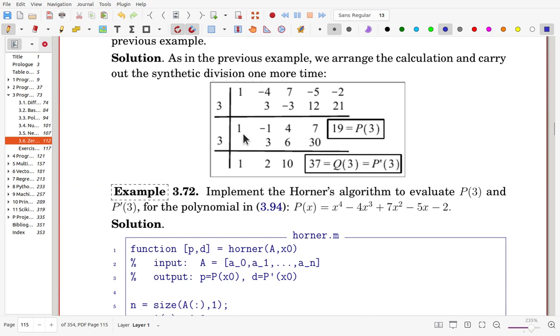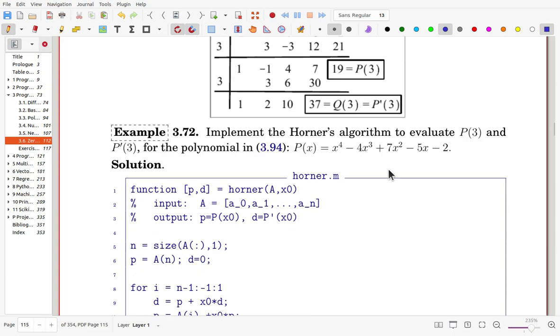That means for Q, again, we have to evaluate the value at 3, so we apply Horner's method one more time. The coefficients go down, multiplication, addition, multiplication, addition, multiplication 30, addition 37. The value 37 is Q at 3, which must be P prime at 3.